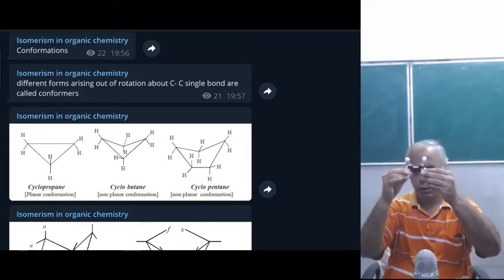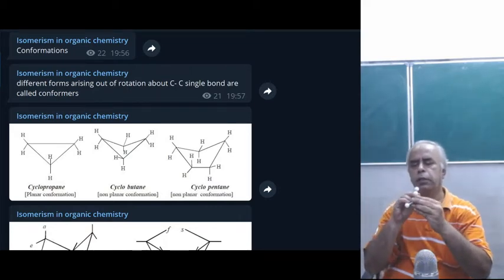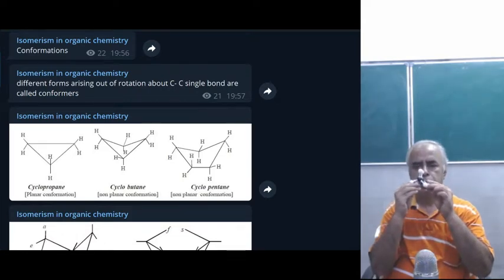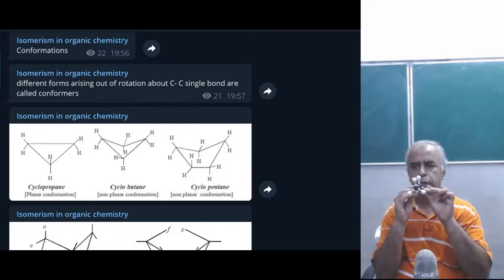CH3, CH3. When I keep the molecule like this, straight, there will be a front CH3 and a rear CH3. The front CH3 hides the rear one exactly.